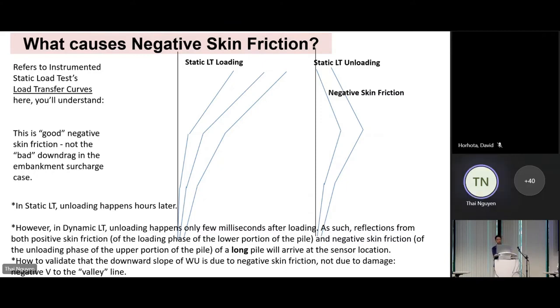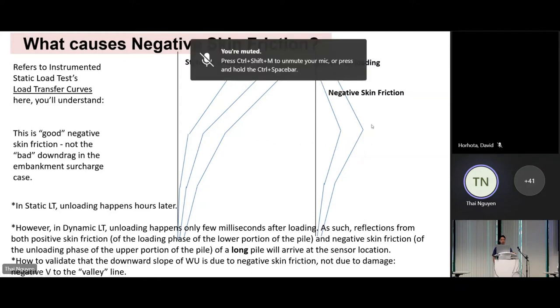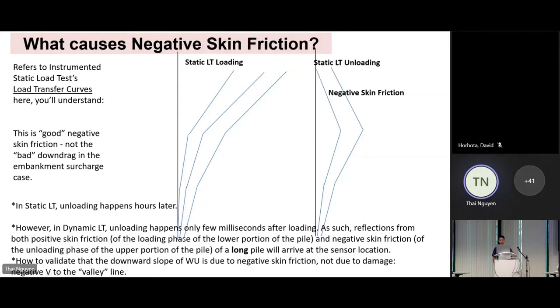And when I did the static load test with instrumentation, I realized, oh, wow, the soil really locked in the stress. So this is the loading stages. And when you load, you have skin friction develop like this. When you unload, so we remove the dead load, remove the load from the jack.